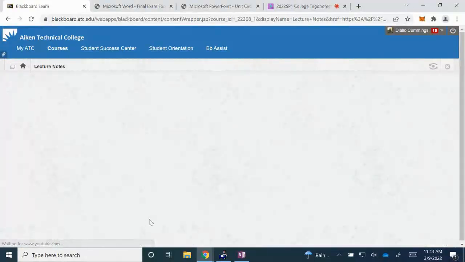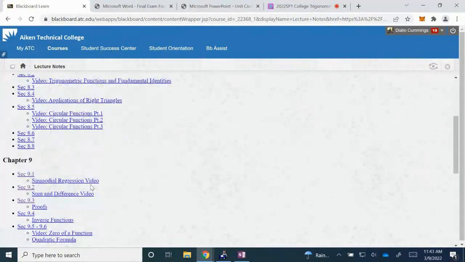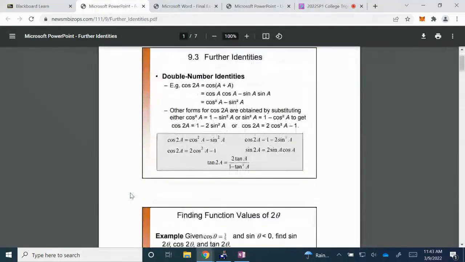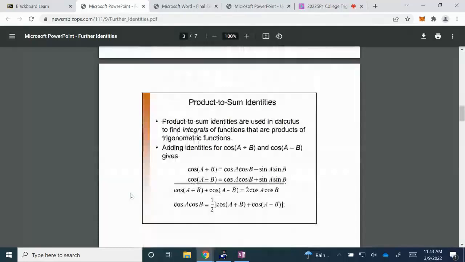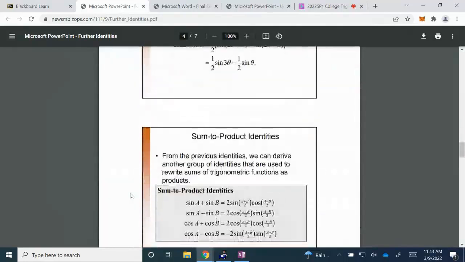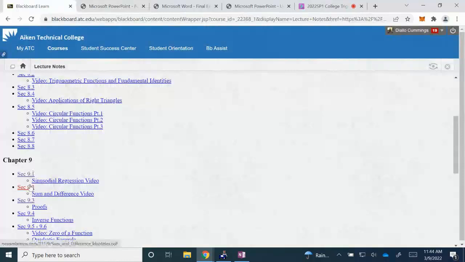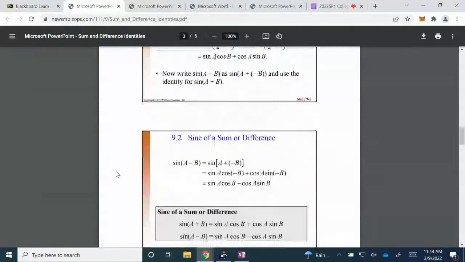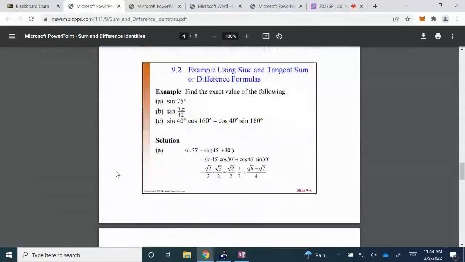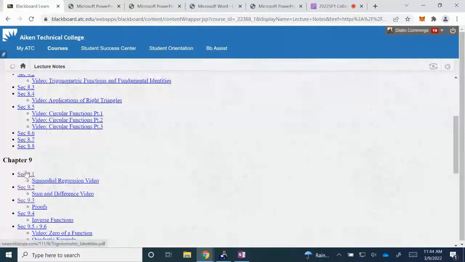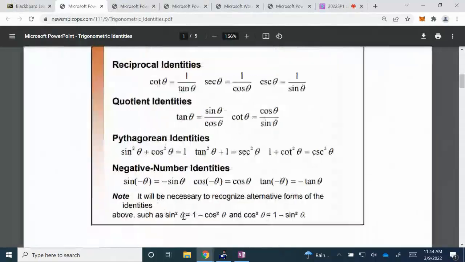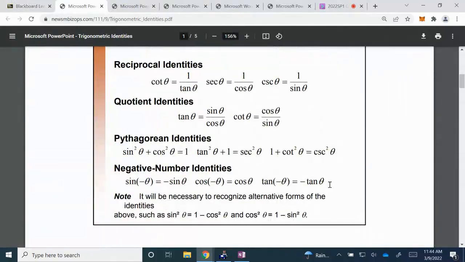I'm going to go into lecture notes, and I believe this was in 9.3. I'm sorry, I believe it was 9.2. Okay, I may just have to write them out. Okay, here they are. They're at 9.1. All right, these negative number identities.